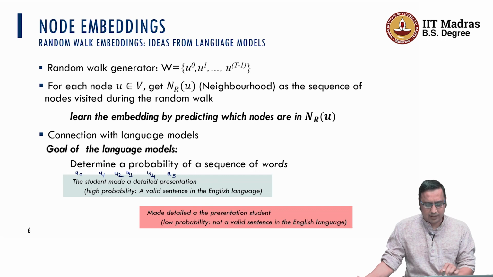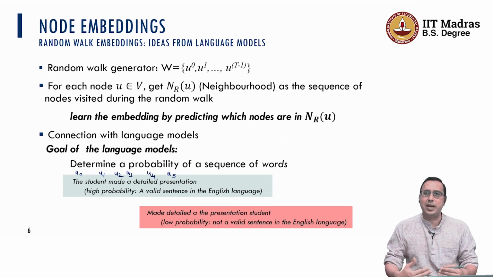Now look at another sentence: made detailed the presentation student. When we are given this sentence, a native speaker cannot understand what message is to be conveyed. It is not a valid sentence in the English language.